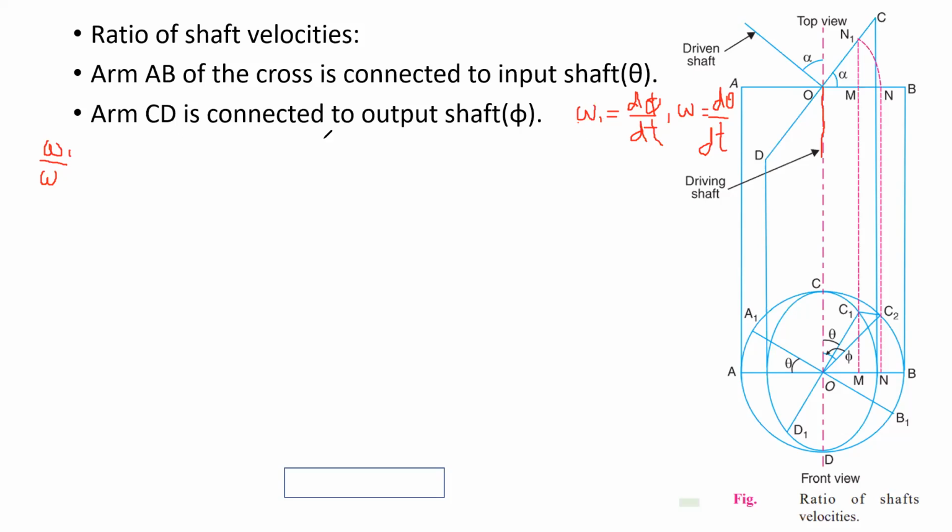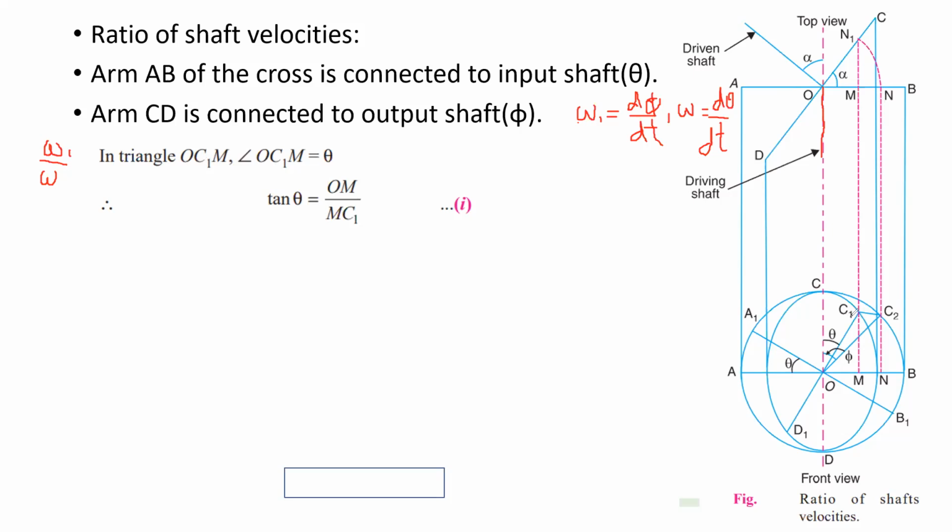Okay, so now let us see in triangle OC1M. Where is the triangle OC1M? This triangle. So what you can write is tan theta. Here tan theta will be equal to... just a second, note it.